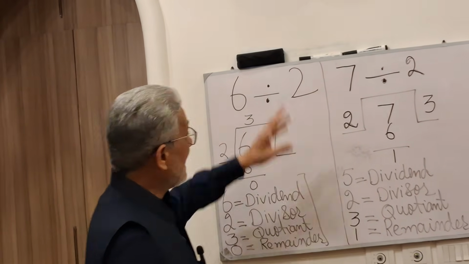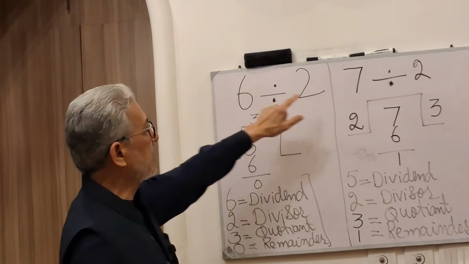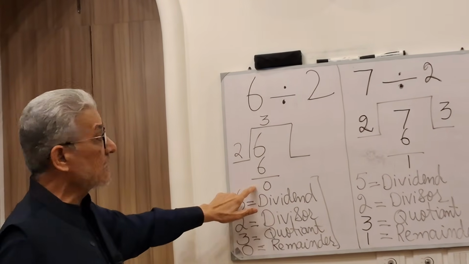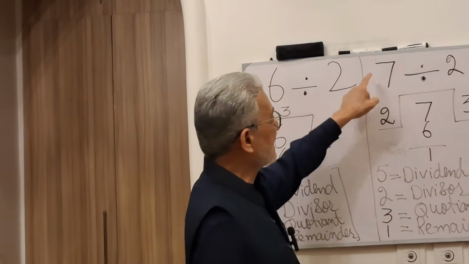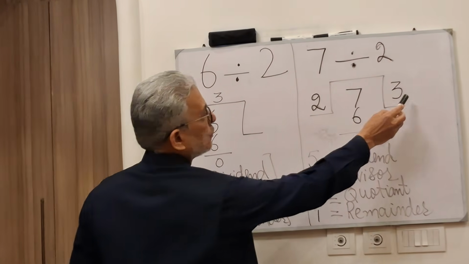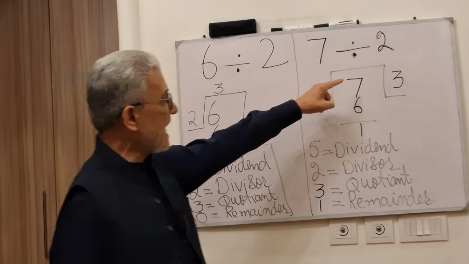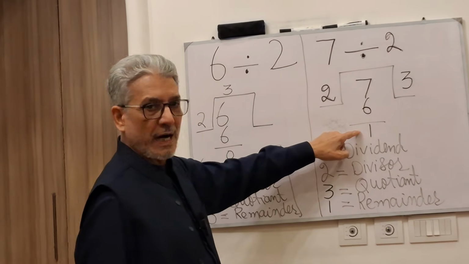Now let us divide 7 by 2. Here we divided 6 by 2 and the remainder was 0. Now let's divide 7 by 2. So 2 threes are 6. 7 minus 6 is 1.